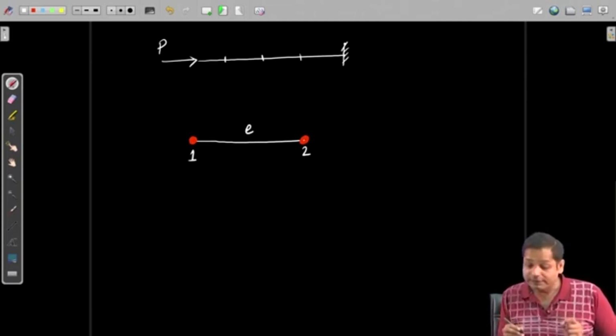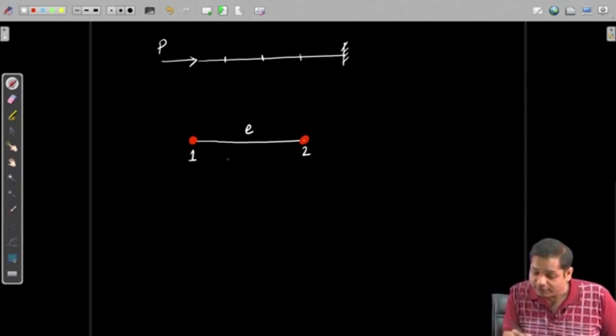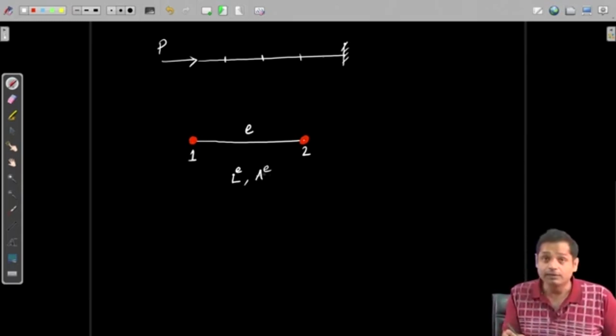So what are the degrees of freedom? We know that, suppose, the length of this element is L^E, and the area of this element is A^E. Okay, E are superscripts.